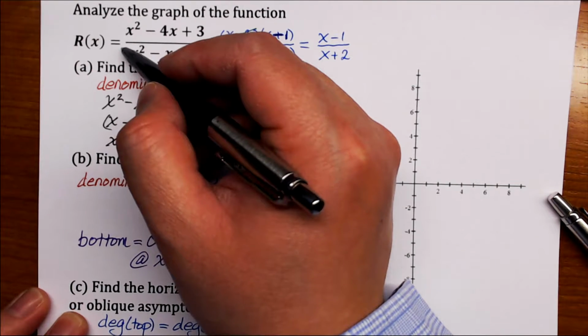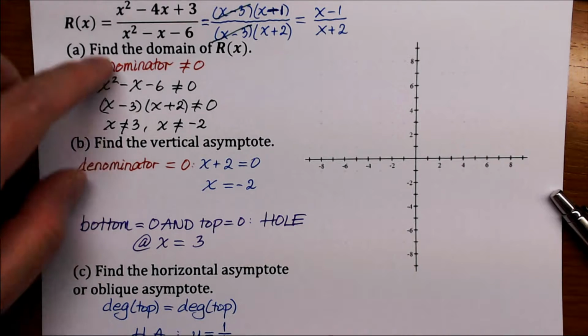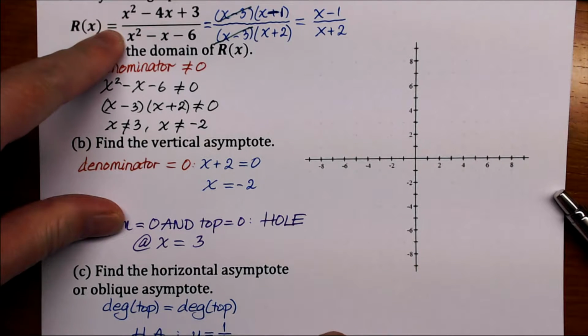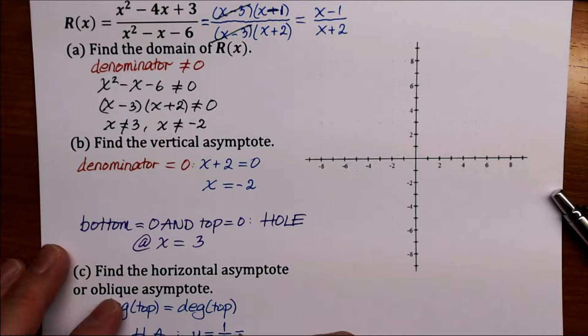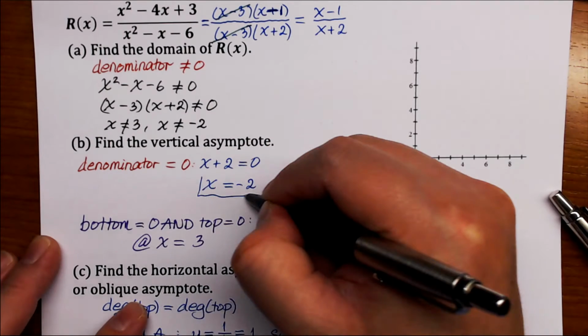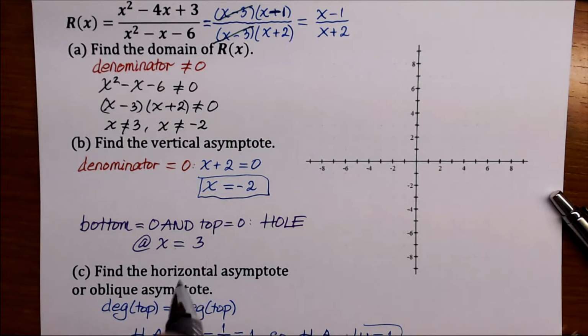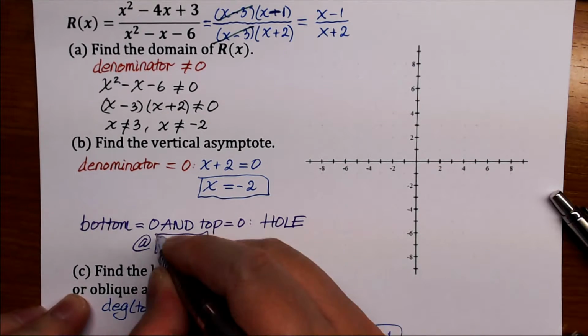We just let 1 divided by 1. Coefficient of x squared is 1, coefficient of x squared is 1, 1 over 1 is 1. So we have horizontal asymptote y equal to 1, vertical asymptote at negative 2, and a hole at 3. So we're going to use all of that information.